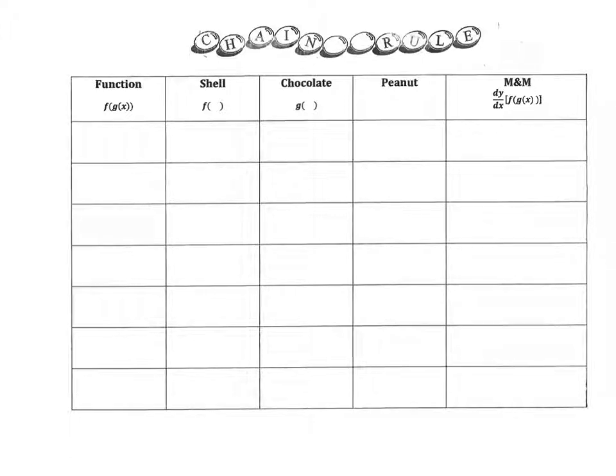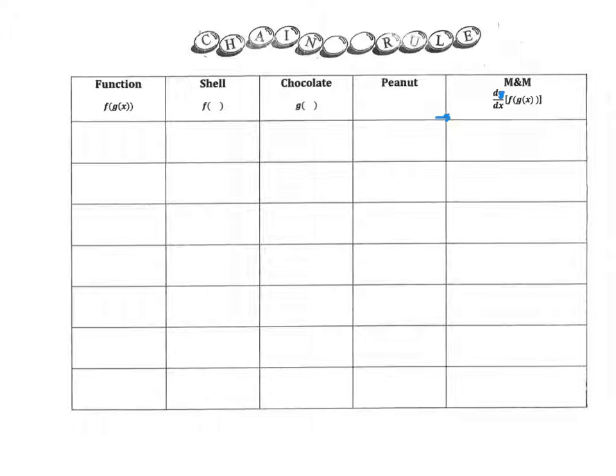And you can do it right here in this box. I'm going to write it below, but I know you have stuff in these boxes. I want you to write, if I said write the formula for the derivative of f of g of x, what would that be? Okay, what's the formula?